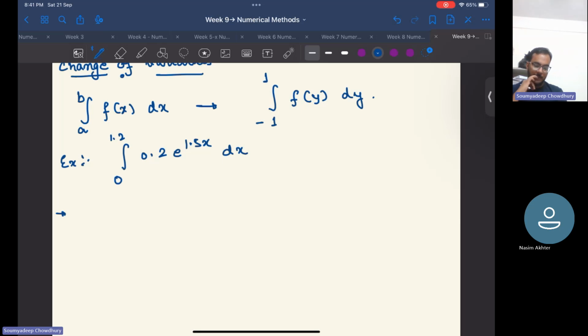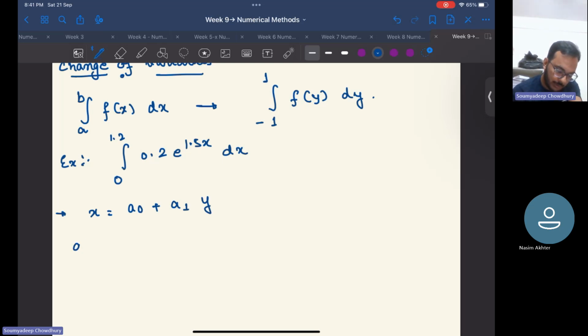How to do the change of limit? We want it from minus 1 to 1, right? Okay. So suppose I assume x is a0 plus a1 y.